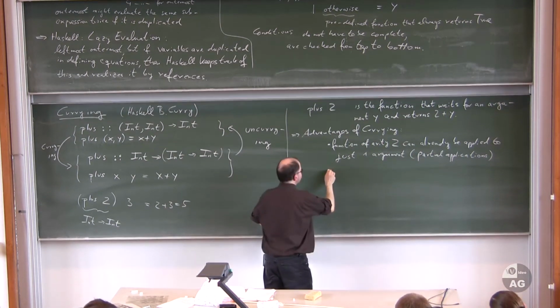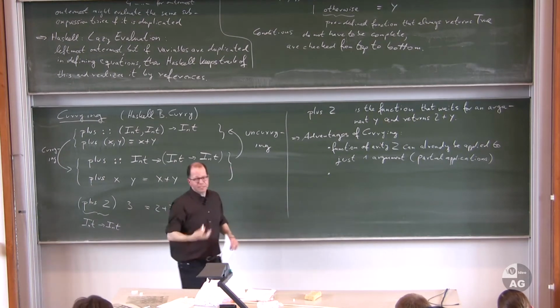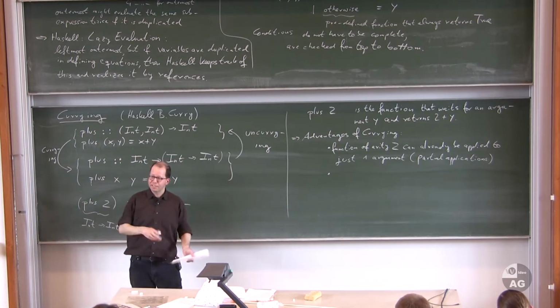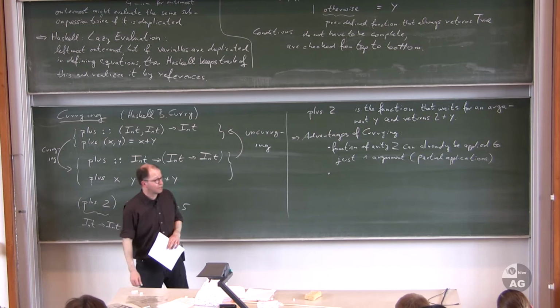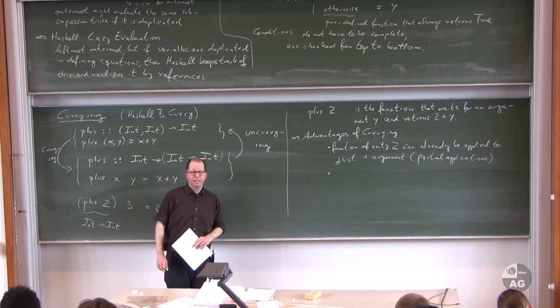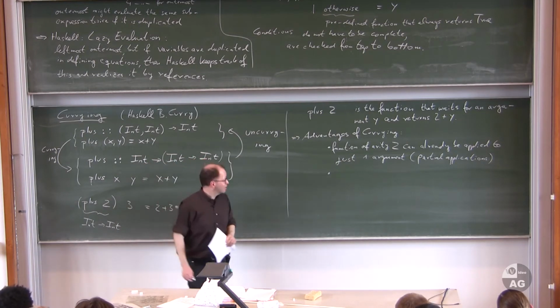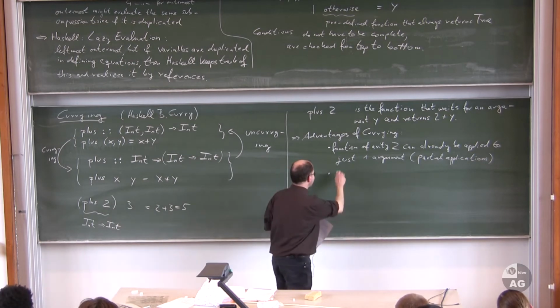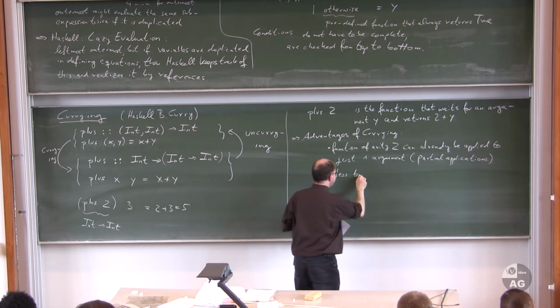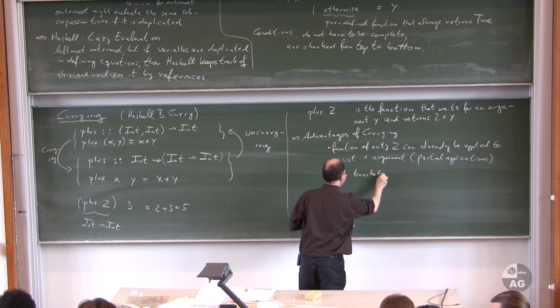So this is one nice feature. And the other nice feature is that, well, Haskell has lazy evaluation, so Haskell programmers are also lazy. And they want to write as few brackets as possible. And in this way, you can save brackets. So you need fewer brackets. Why?